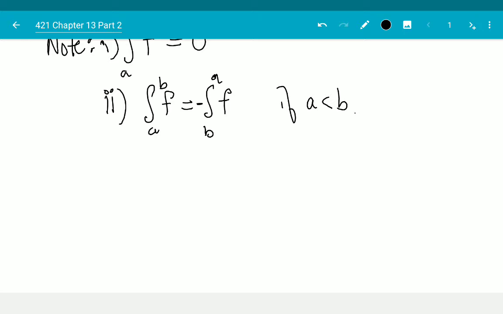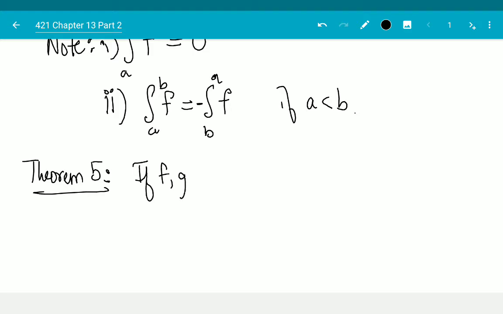So theorem 5. I'm inconsistent about writing theorem and THRM. There are two parts. I'm going to club theorem 5 and 6 from the book into one.